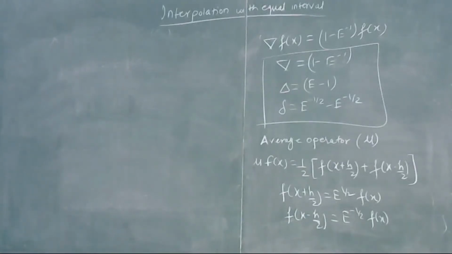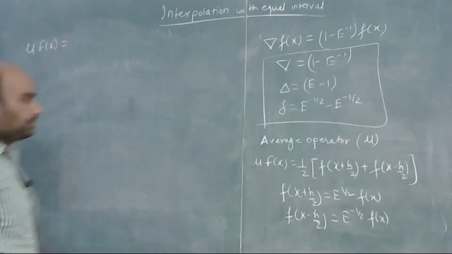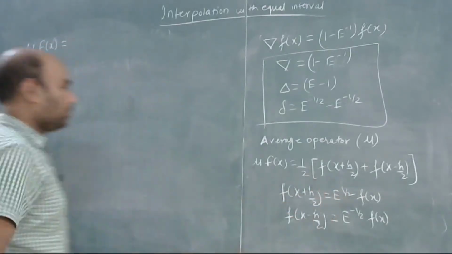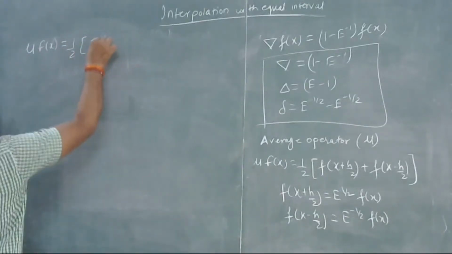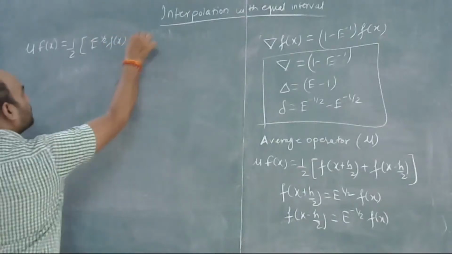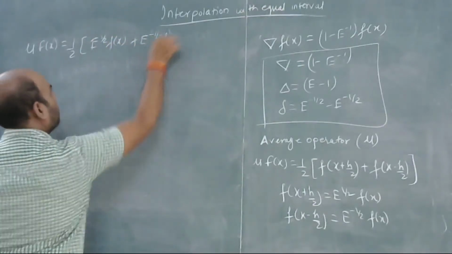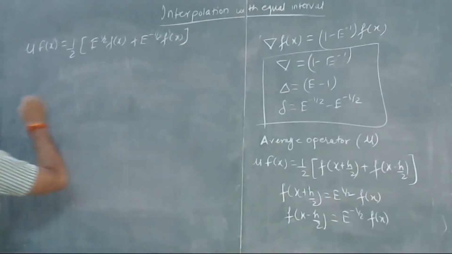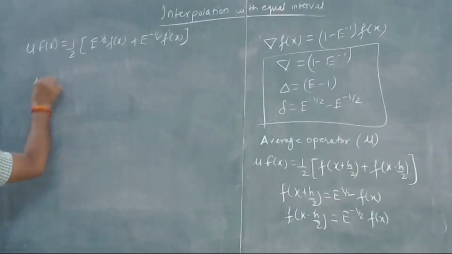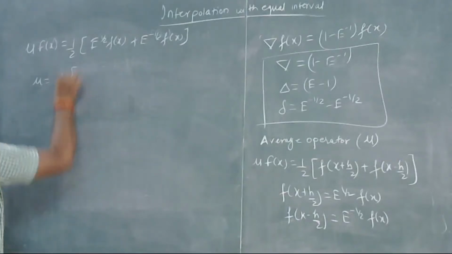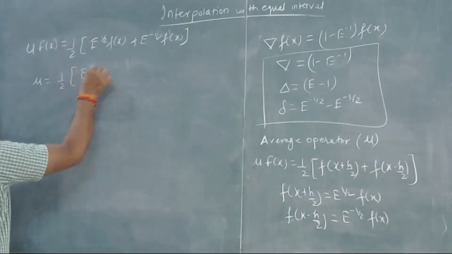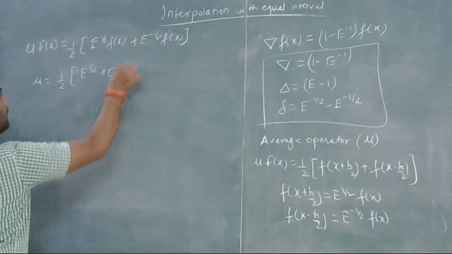So we will get μ f(x) is equal to half E^(1/2) f(x) plus E^(-1/2) f(x). Okay, so f(x) will get cancelled out. It will be μ equal to half (E^(1/2) + E^(-1/2)).